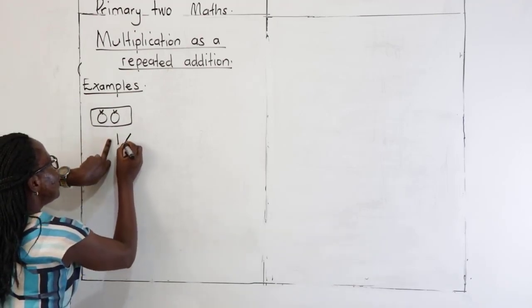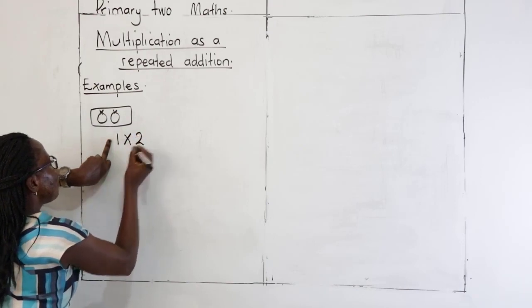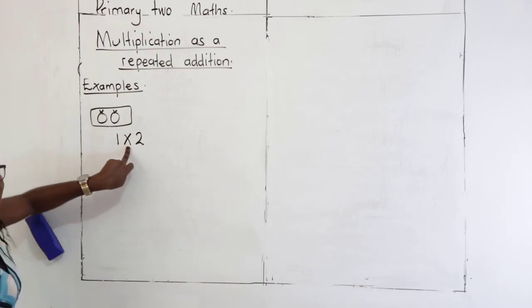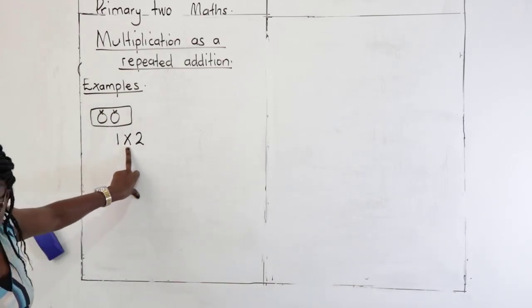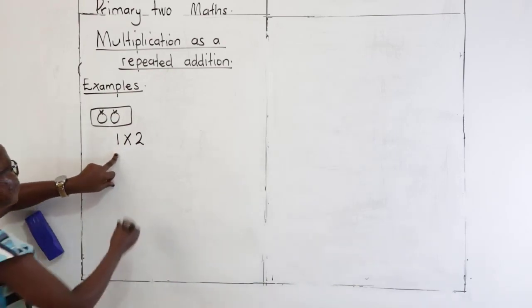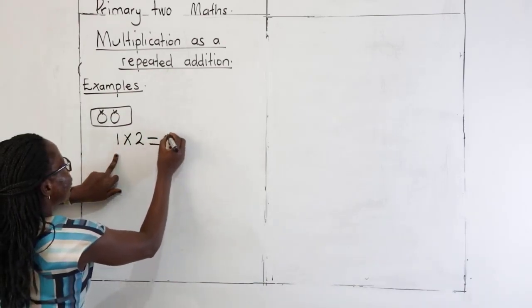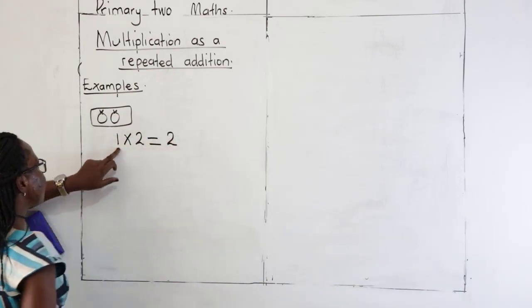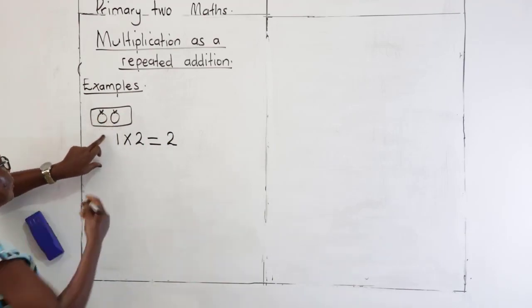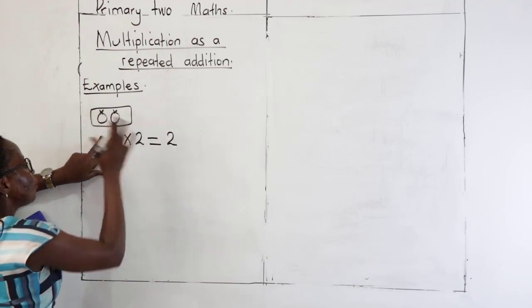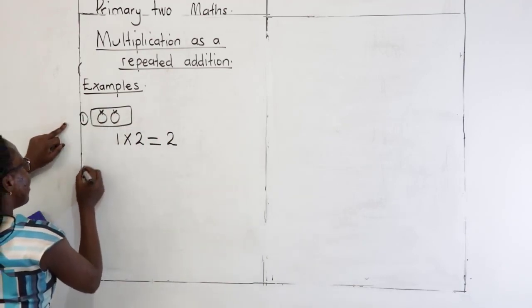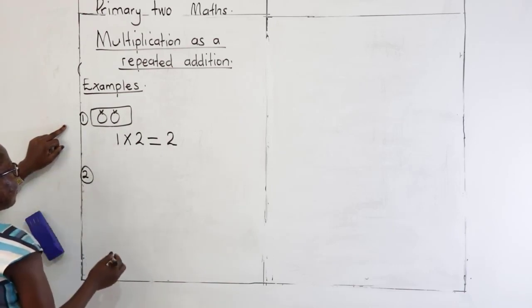So that will be 1 times 2. One group times the 2 apples that are there. One group of 2 gives us 2. This is example 1.